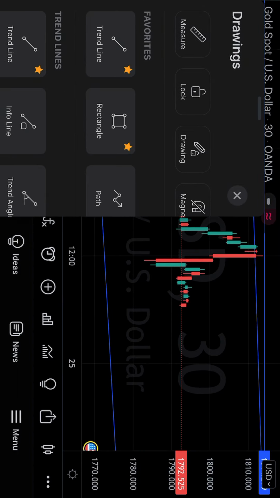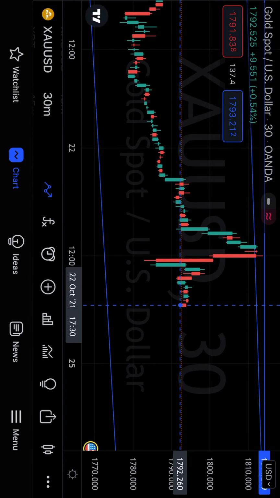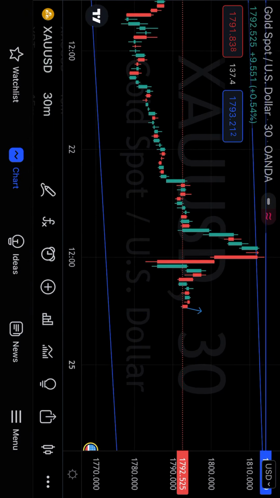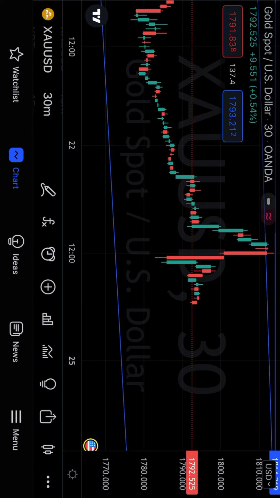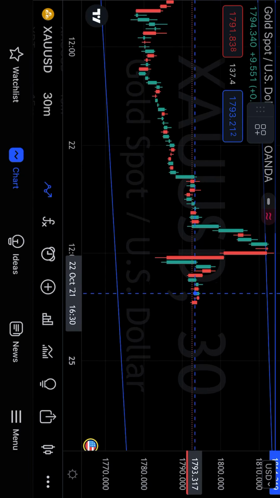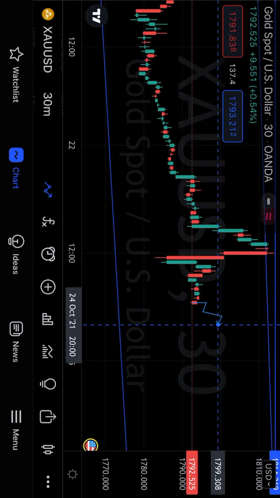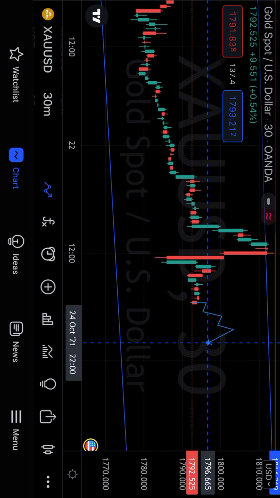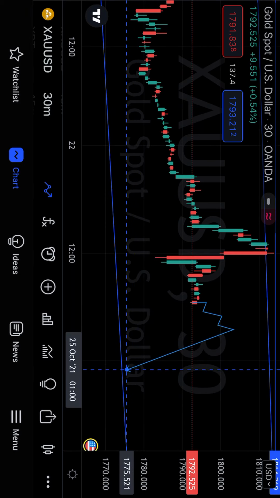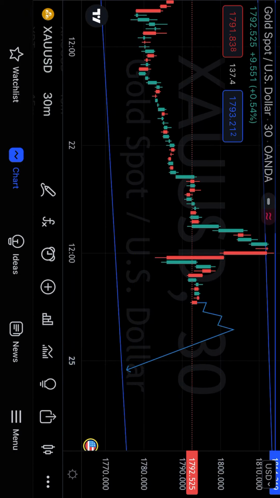Maybe price can still trickle to the upside, maybe to this point, before dropping, right?